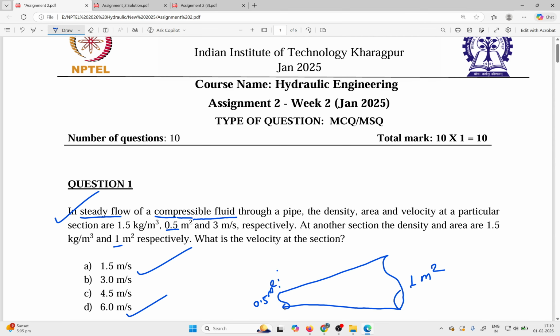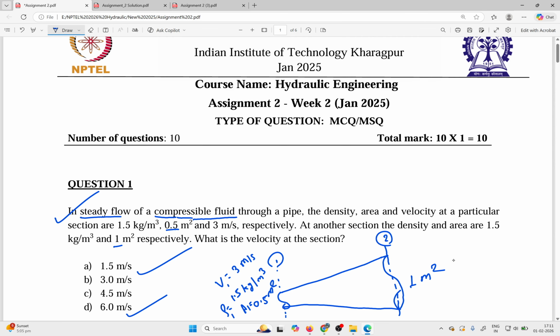This is your first section, this is your second section. The data given: area 0.5, density 1.5 kg per meter cube, and velocity is given. Rho 1, V1 and A1 I'll write here, and this is your 3 meter per second.